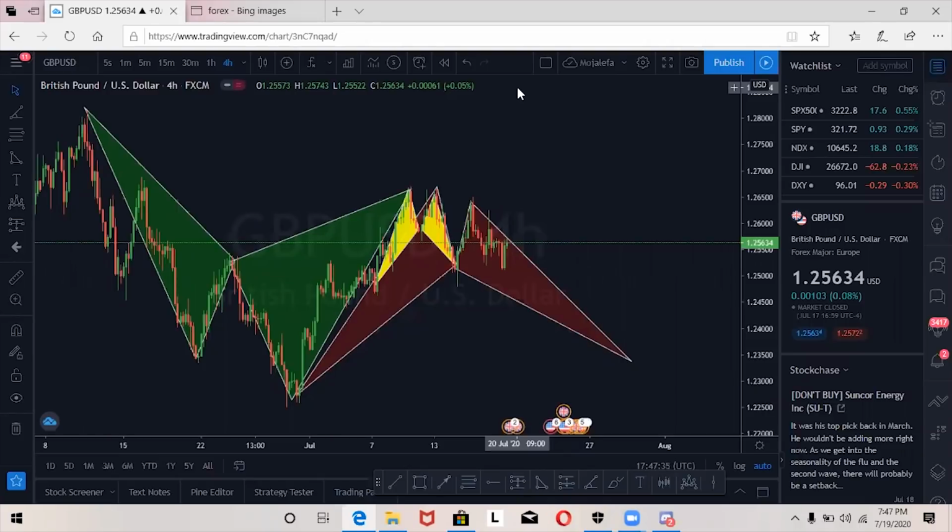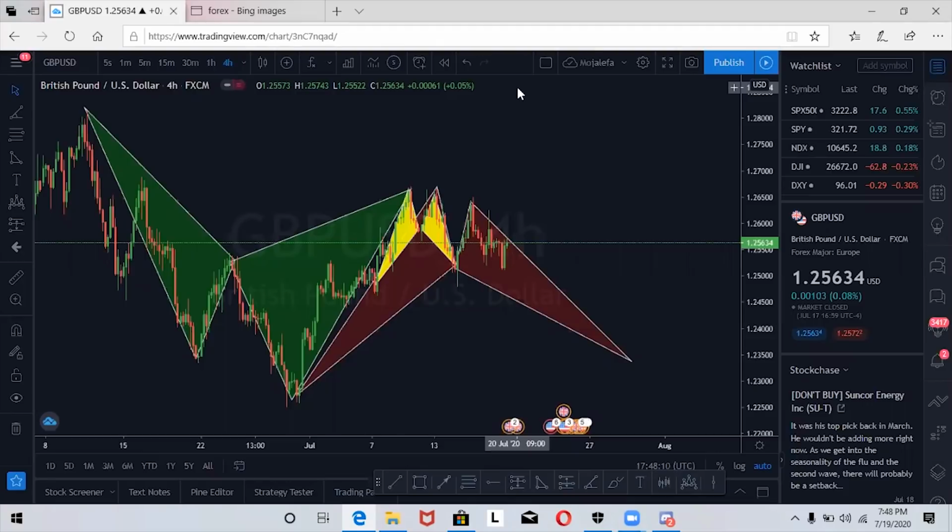So let me start by answering the first guy, saying, do you trade the building of the harmonics, or do you trade them after they were built? So this is what happens with these patterns. If you're a harmonic trader, you are able to see the formation of this pattern before it even forms. So meaning you trade them before they form, and even after they are complete, you trade them.